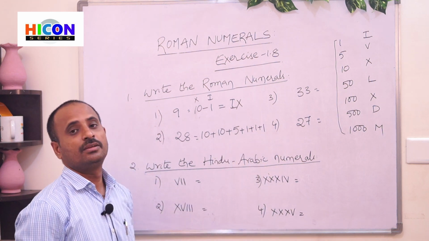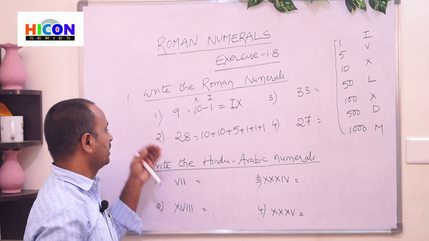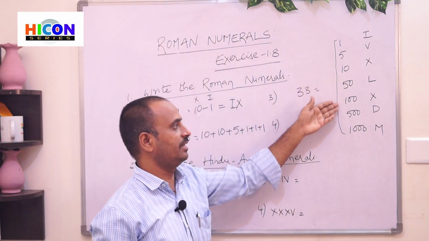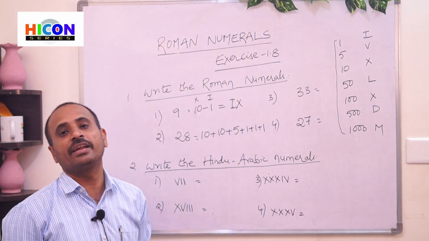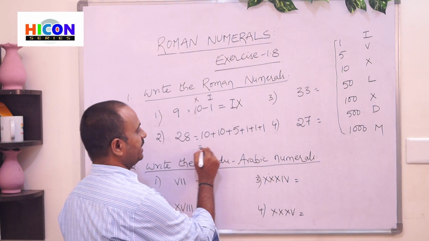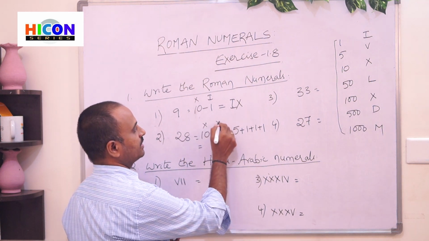So children, we have to split the given number into 1s, 5s, 10s, 50s, 100s, 500s. Then only we can write the Roman numeral easily. So here 10 means X and 10 means X.